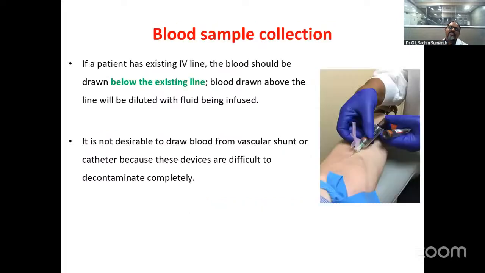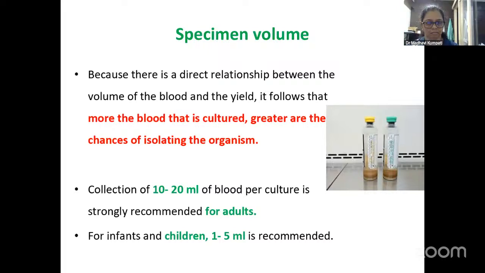If a patient has an existing IV line, the blood should be drawn below the existing line, as blood drawn above the line will be diluted with the fluid that is already being infused. It is also not desirable to draw blood from a vascular shunt or catheter because these devices are difficult to decontaminate completely.